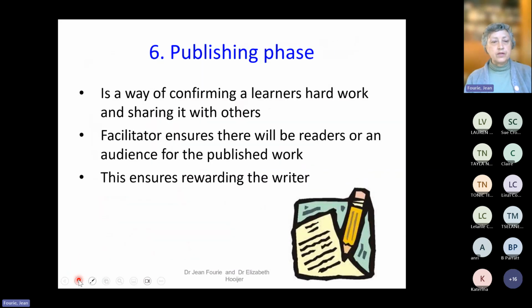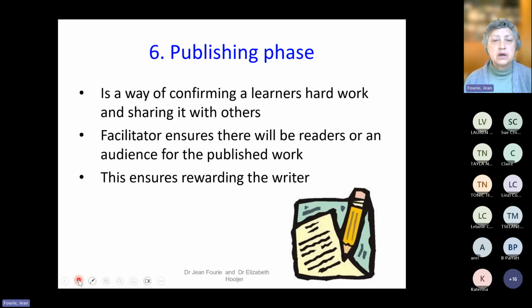And the final thing in the writing process is the publishing phase. This is now where you turn your final work into a little poster or a little booklet that gets put in the little space in your classroom, little mini library, or it gets taken home and read to parents, or it gets read to higher or lower grades.